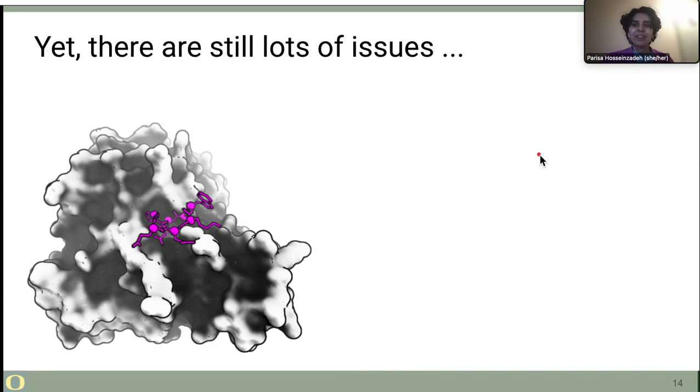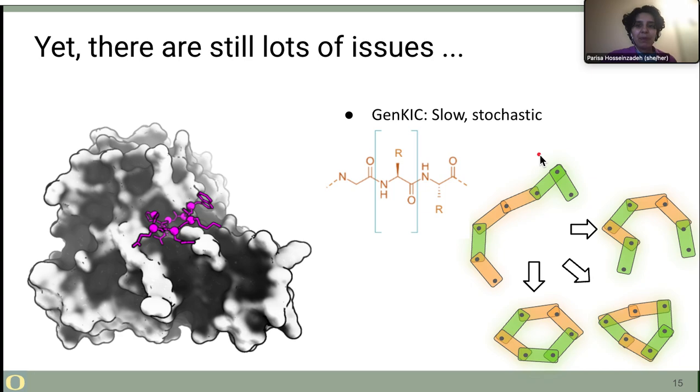But there are still lots of issues here. GenKIC, as I told you, is stochastic, which is good when you're trying to sample something in space without anything else from it. But it's not great when you want to design for a specific target.